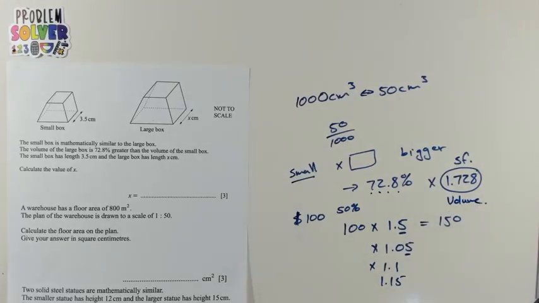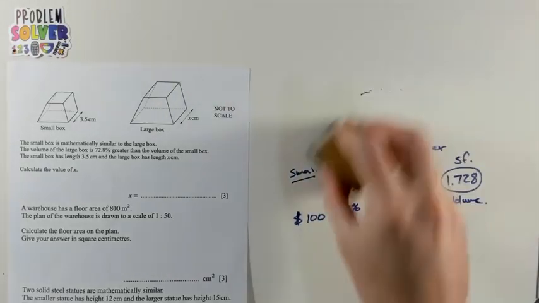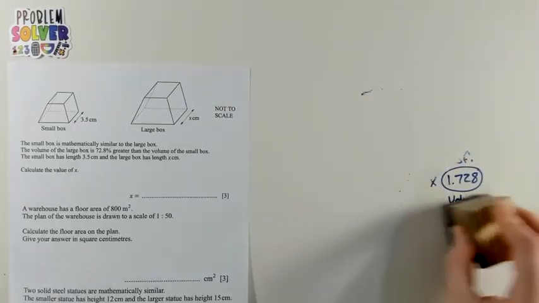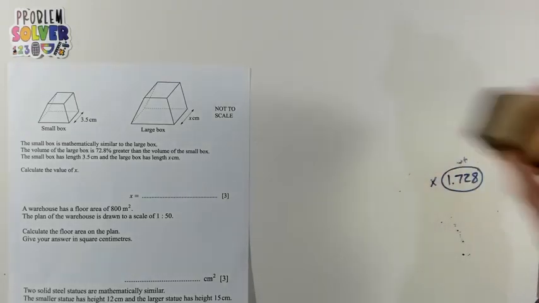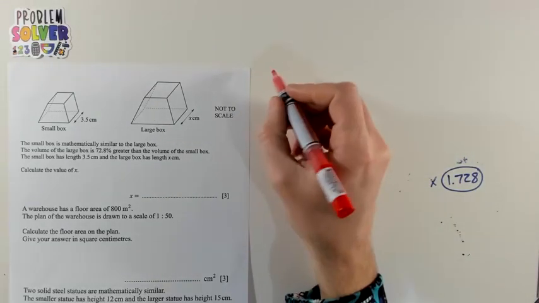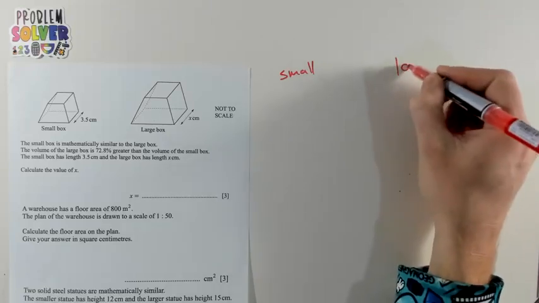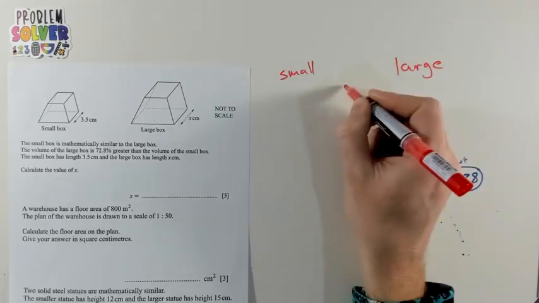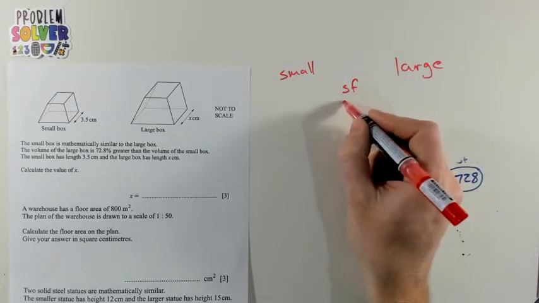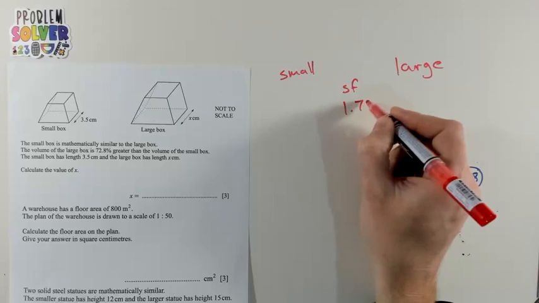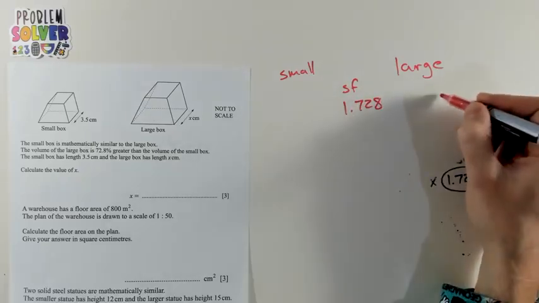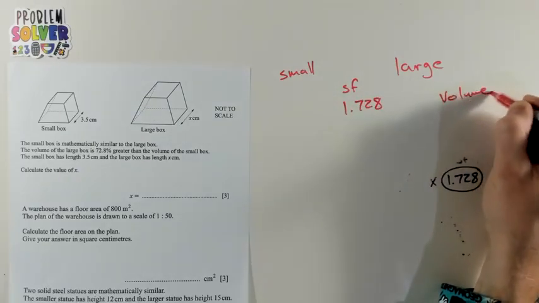Okay, let me just clear up a lot of this stuff. So if I think about it, I have small to large, and my scale factor is 1.728. But this is for volume.